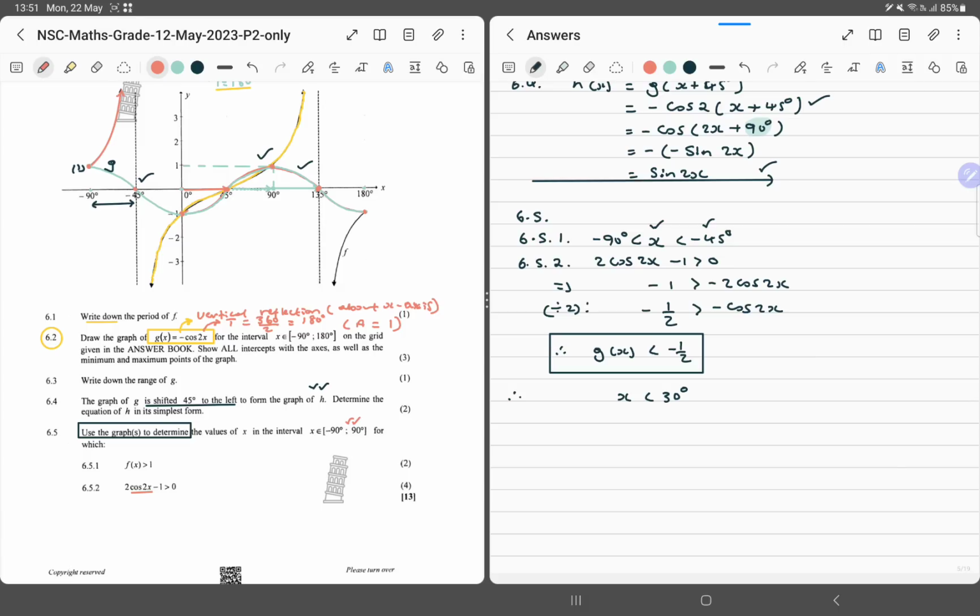Same story happens at minus 30 on the other end because of symmetry, but that should be greater, because we can see that graph going to the left is climbing, but going to the right, it's going down to the minimum value. So I think this is the story. So what is the story here? Usually this is 2 marks, okay?